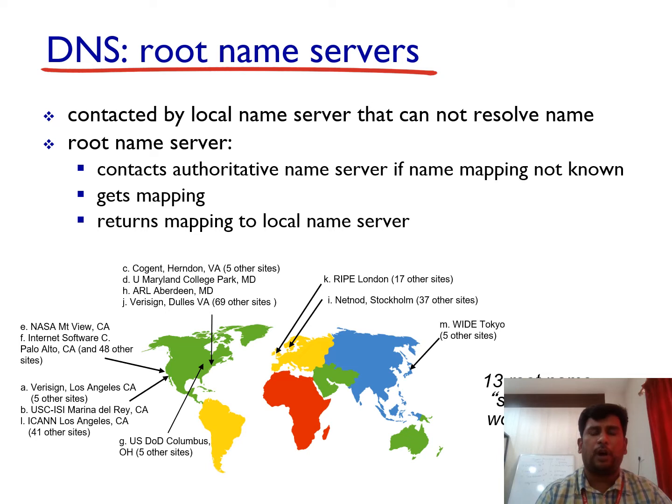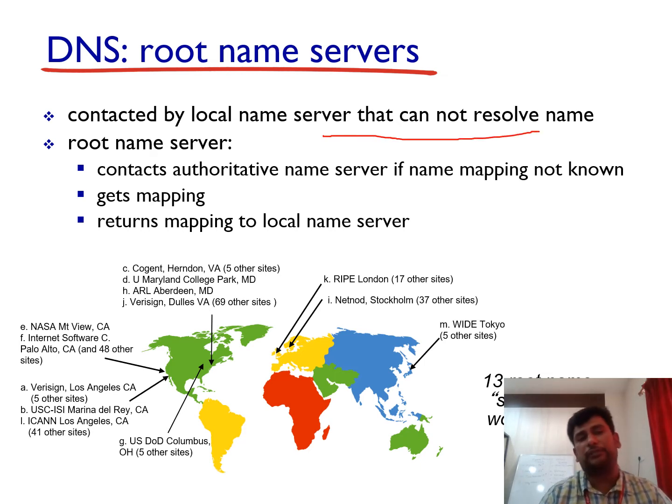Right. So how exactly will this domain name to IP address mapping be done? Once we enter a particular URL, it reaches the local server. If the local server is able to identify a suitable IP address, it returns it. Else, it will contact the DNS root name servers.